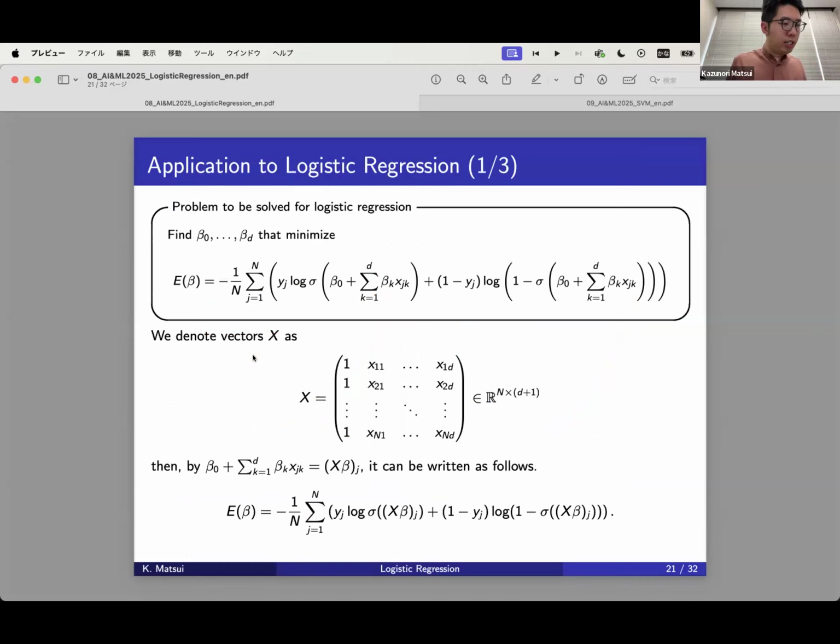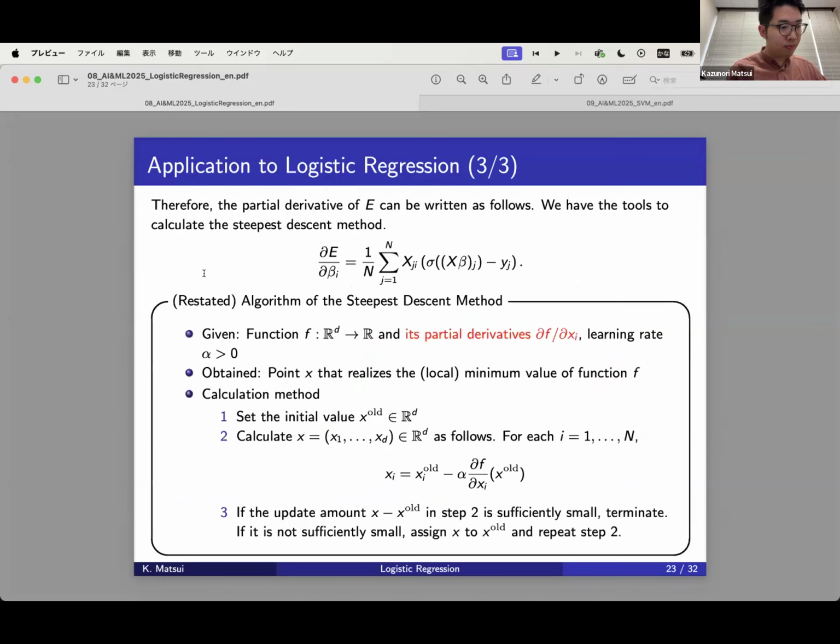Now, to apply this to logistic regression, we need the partial derivative of this E of beta. The partial derivative with respect to beta can be written in this form.